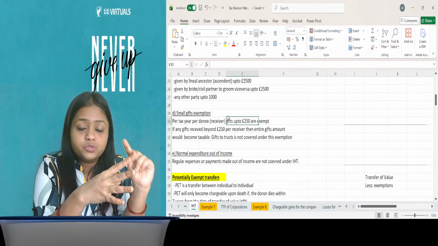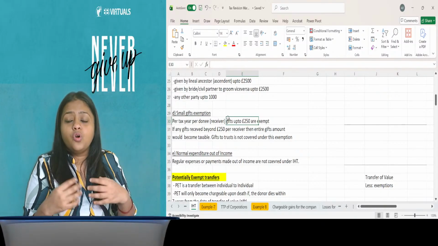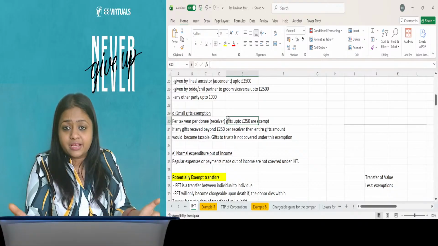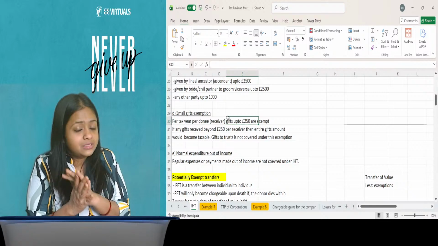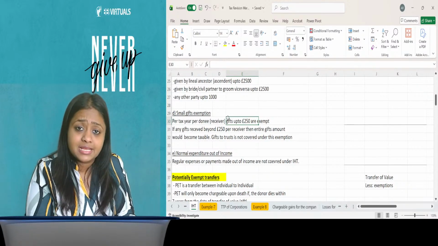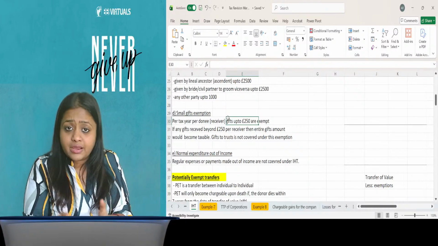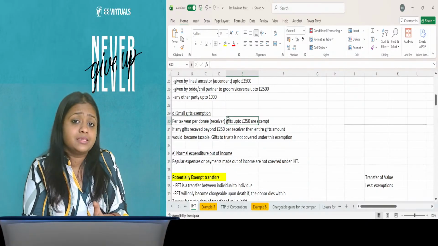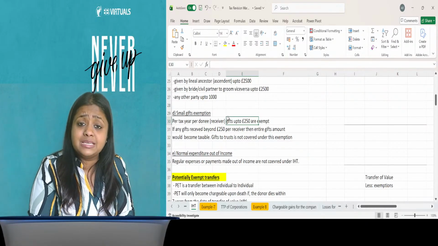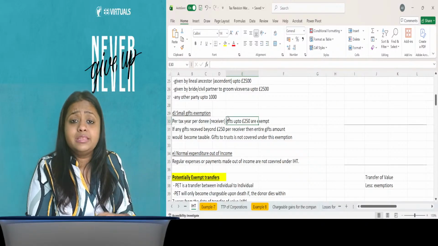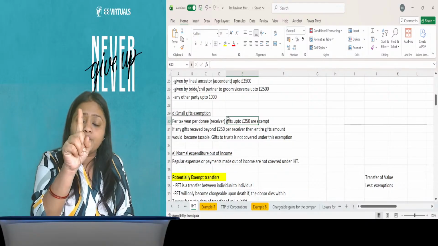We know the spouse exemption. Now the next one is normal expenditure out of income. So when a person is giving money to another person for normal day-to-day expenditure, that is exempted. Last is the annual exemption. Annual exemption is tax year wise. For the current tax year, you will get 3,000 as the maximum annual exempt amount, and any balance remaining from the preceding tax year can also be carried forward to the next tax year, only one tax year.